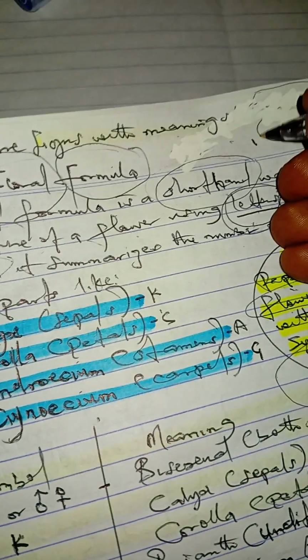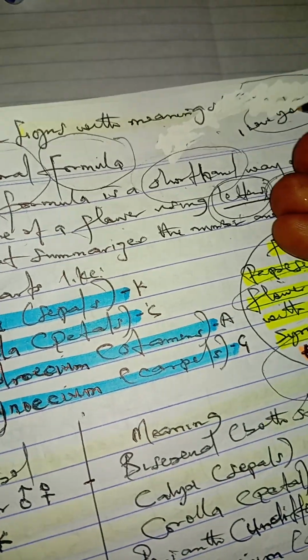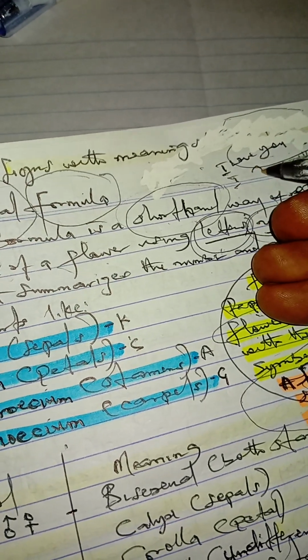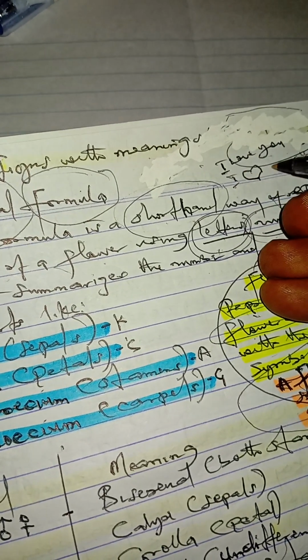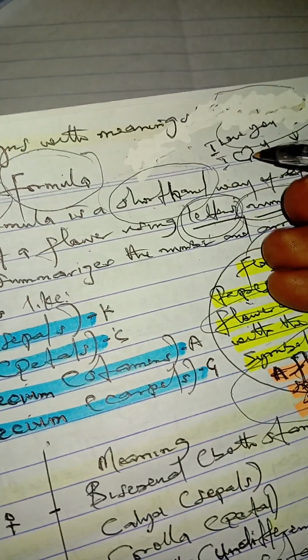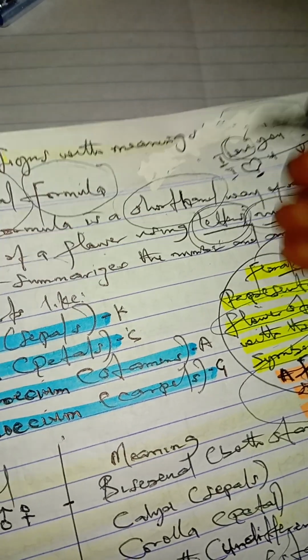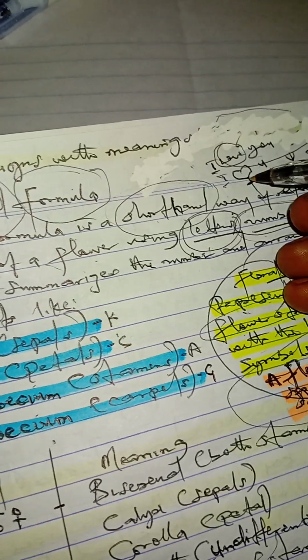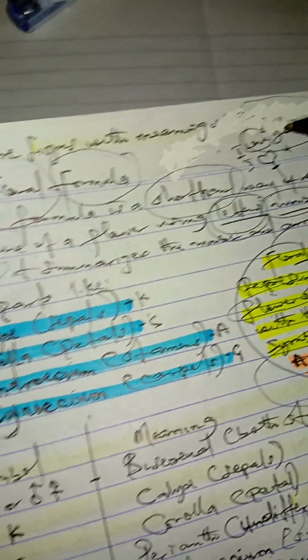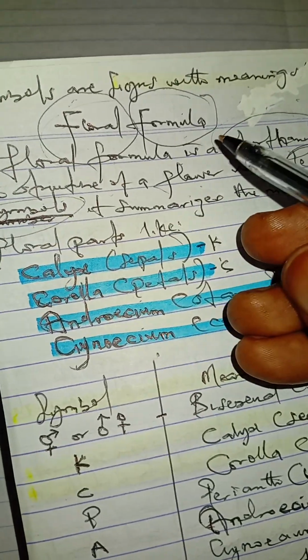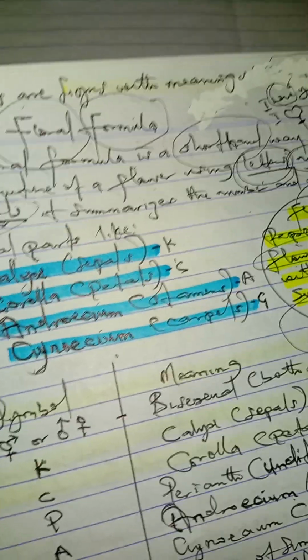It's a way of saying, if I want to say I love you, I could write I love you like this, and I could also write I love you like this, whatever it means. So this is a word, and this is a symbol that represents it. So the floral formula are the symbols, the numbers, the letters that are used to represent the floral structures.